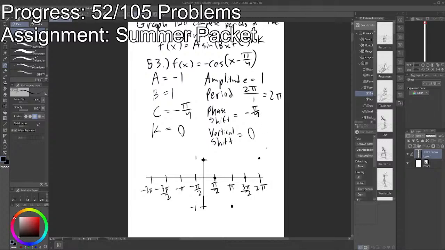There's a phase shift though. What do you do with phase shift? Alright. I have to look this up.